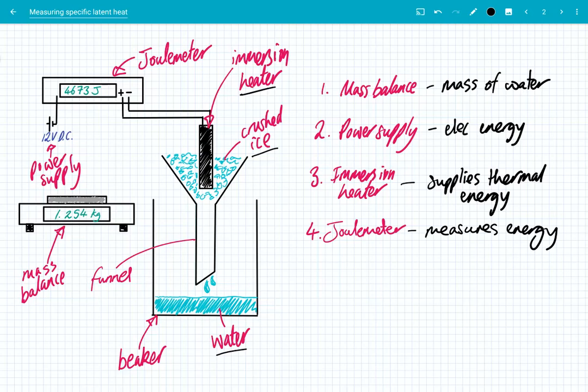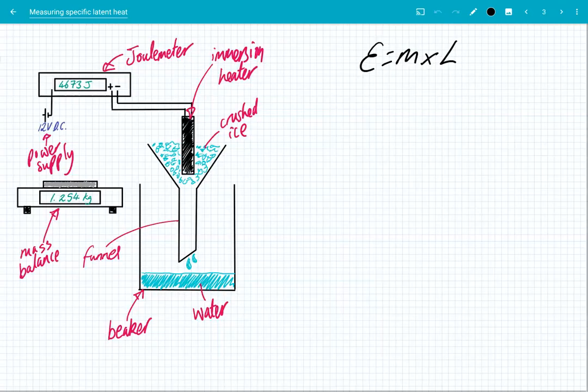So let's have a look at how we're going to do this experiment. We need to consider the equation. The energy required to change the state of a substance is given by the mass multiplied by the specific latent heat. And as I mentioned before, we're looking at the latent heat of fusion because we are melting ice into water. I want to know the latent heat of fusion of water.